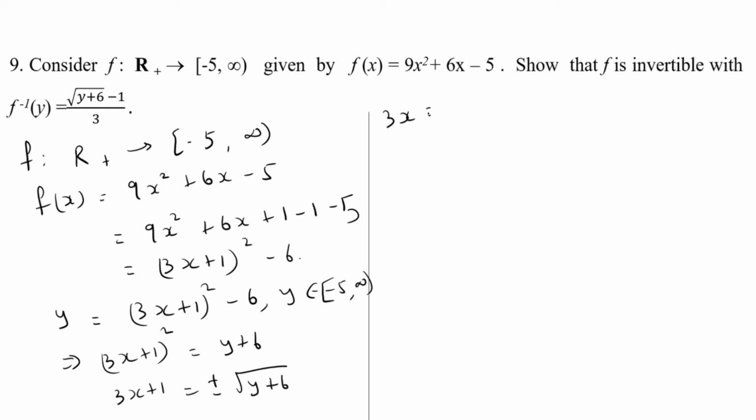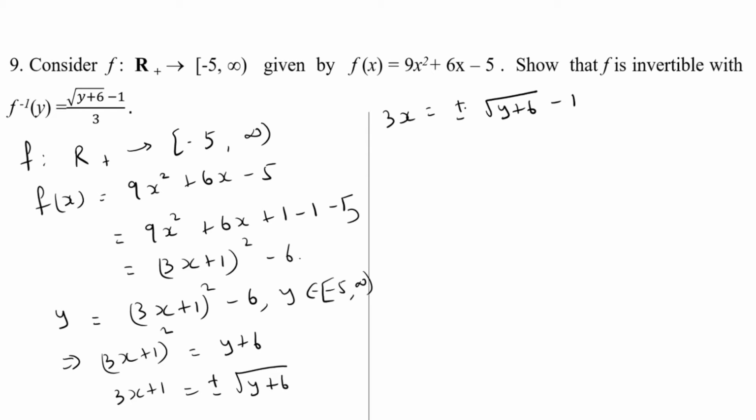Or we have 3x is equal to ± √(y+6) − 1. Here we cannot take −√(y+6) − 1. In that case, we will have x as negative. Since x belongs to the set of all non-negative real numbers, we cannot take the minus under root y + 6.